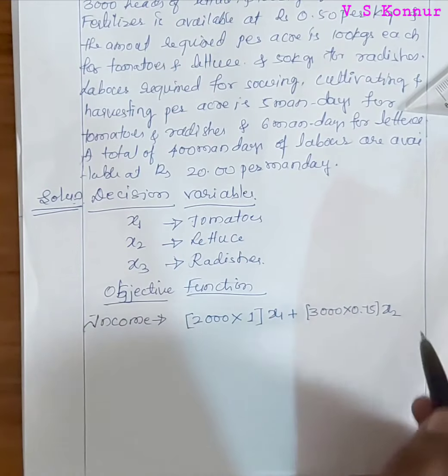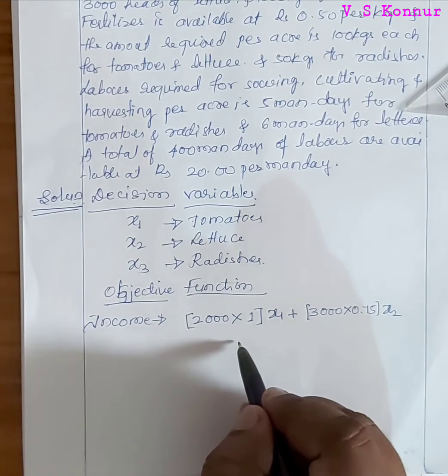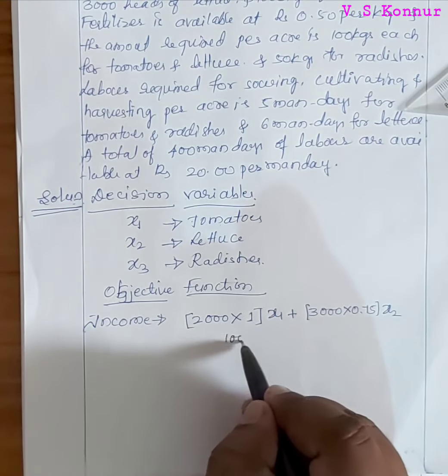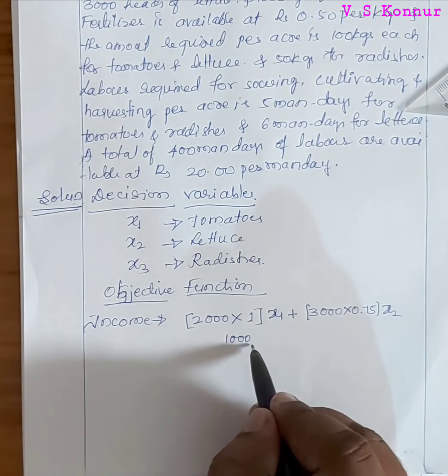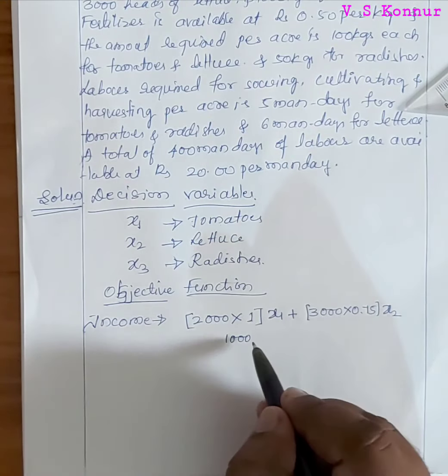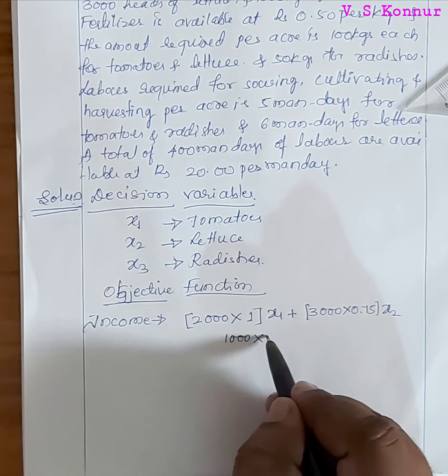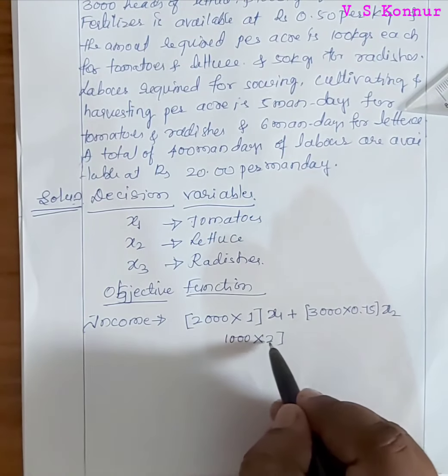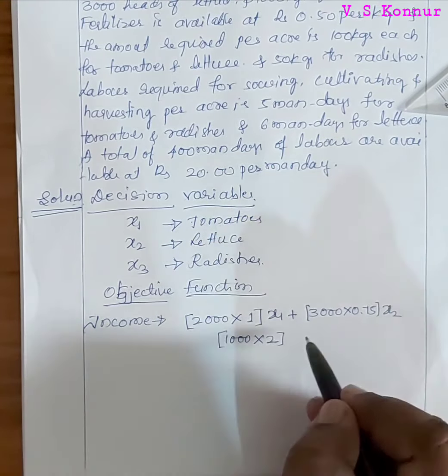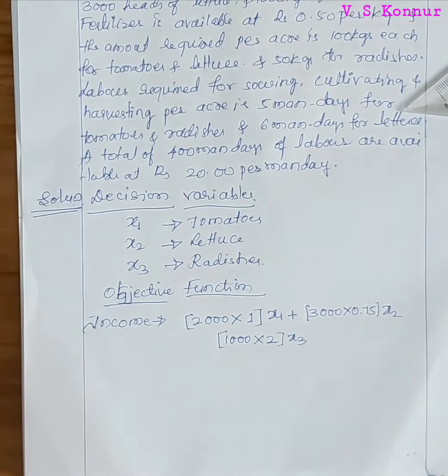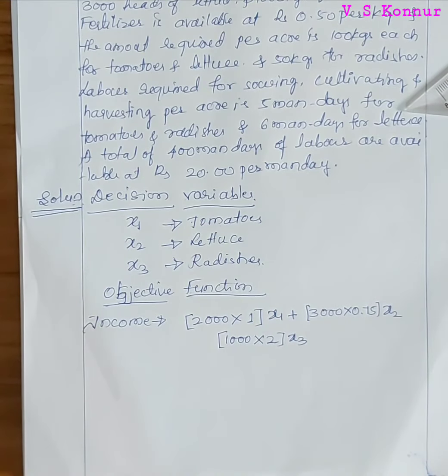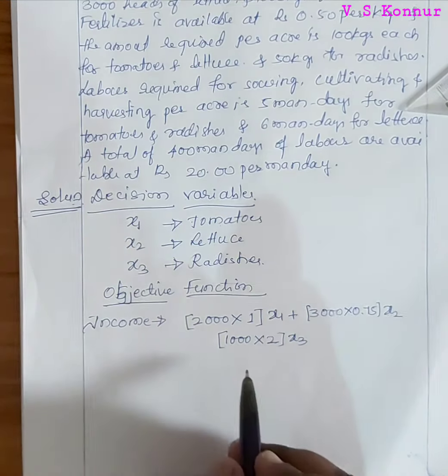That is x2. And he will yield 1000 kgs of radishes, each carrying 2 rupees per kg. So this is the income. Now we'll write the complete income clearly.